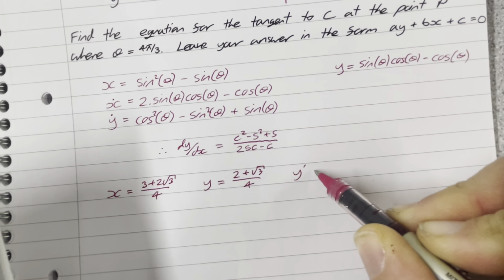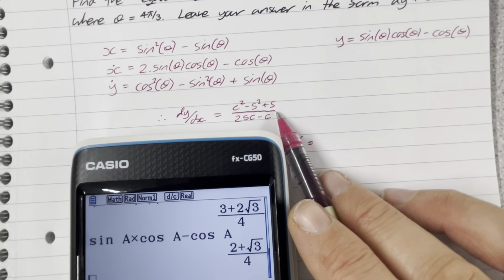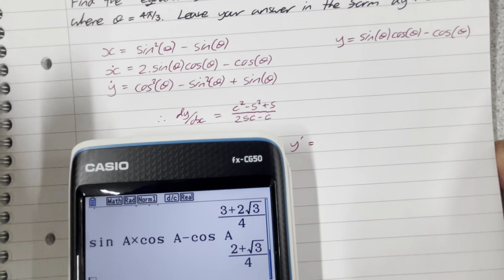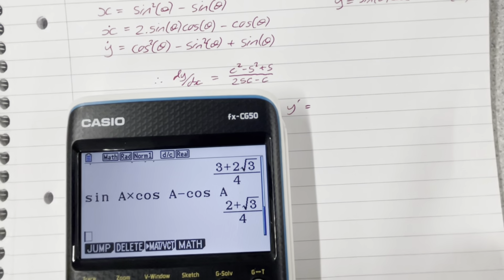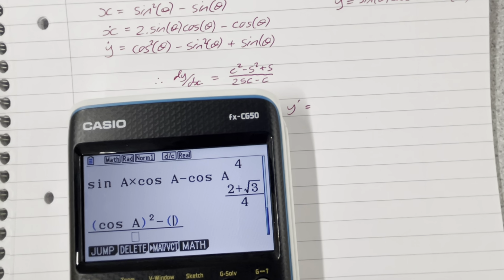And then y primed, that's going to be plugging it into here. And I've shorthanded it. So c is cos and s is sine. So it's going to be cos of a squared minus sine of a squared minus, no, I'm putting the wrong one in, aren't I?